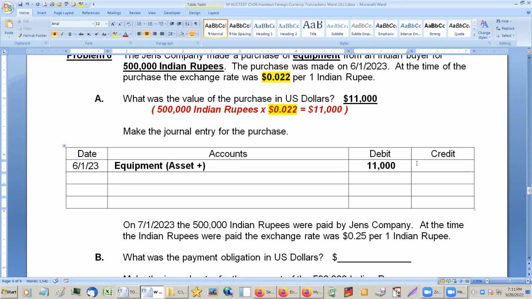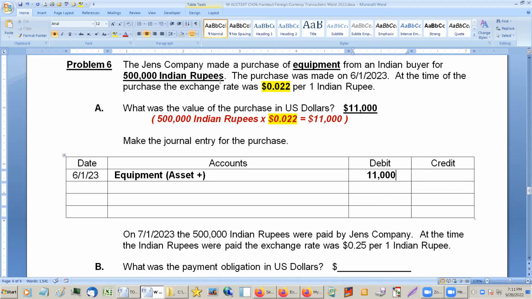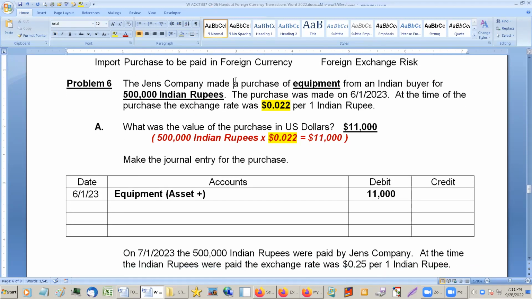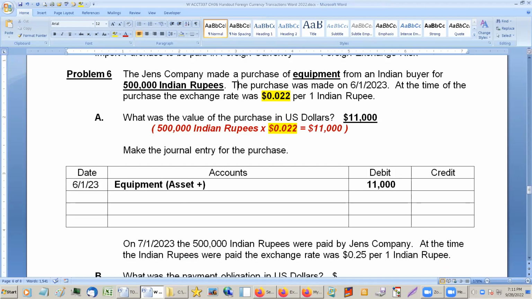Okay, now notice that the other party doesn't owe us, we owe them. We bought equipment from them, so we're gonna have to pay them in the future. So what kind of account are we gonna have here? We have equipment, we have the asset. What kind of account's gonna go on the other side, do you think? Accounts payable. Yep.